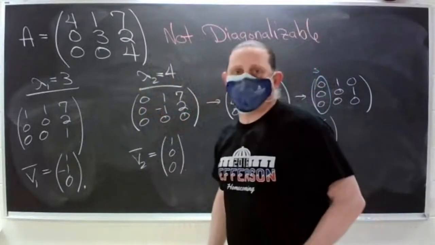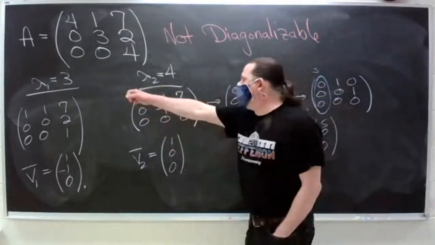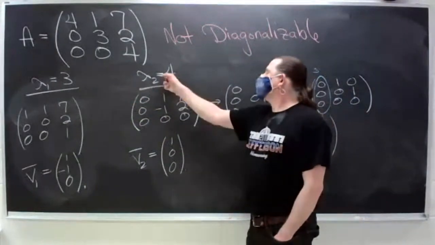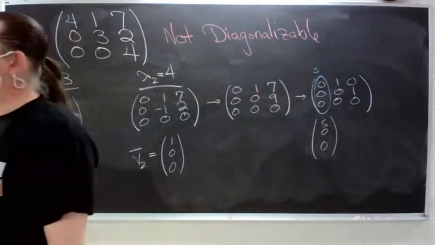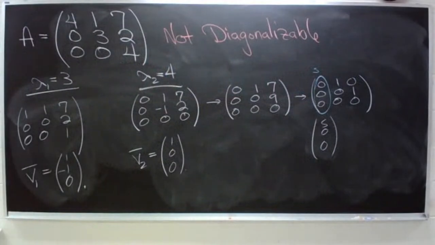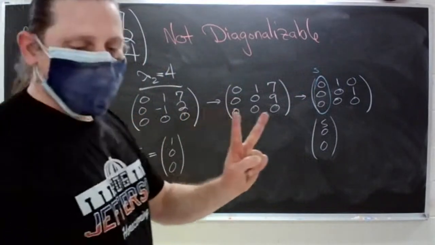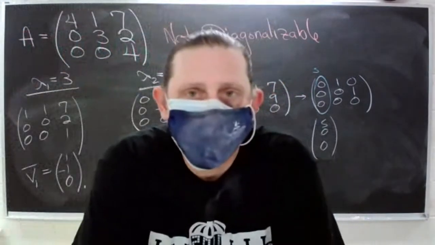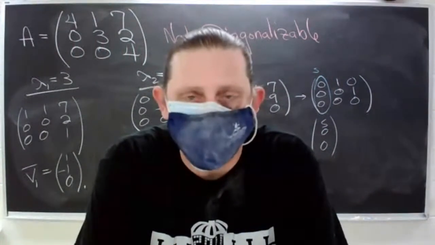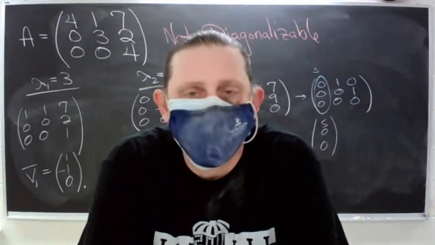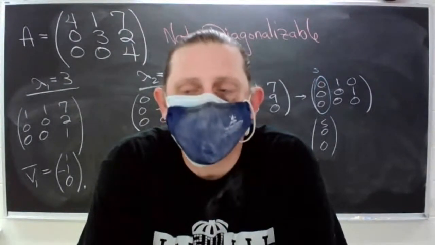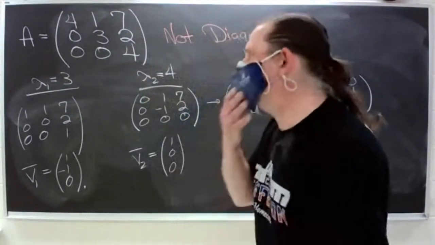However, what's happened here is that we only get two eigenvectors because the 4 has claimed that it is worth two linearly independent eigenvectors. And then it fails to deliver.